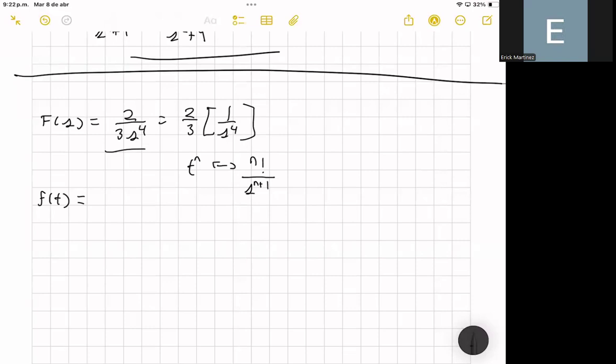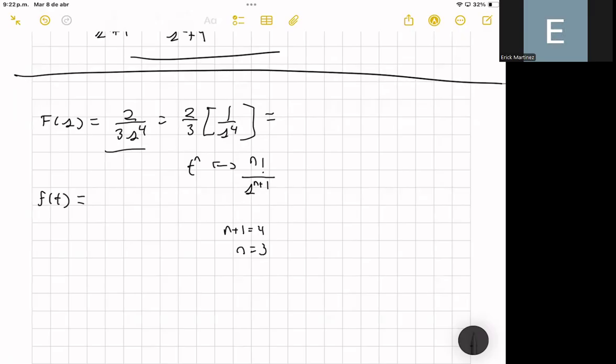Okay? Here you can see that this looks very similar. The problem is that we don't have the n factorial in the numerator. So what we can do is to multiply the numerator and the denominator by n factorial. But first we need to identify the value of n. So if we compare these two, you can see that n plus 1 should be equal to 4. So we can say that n is equal to 3.